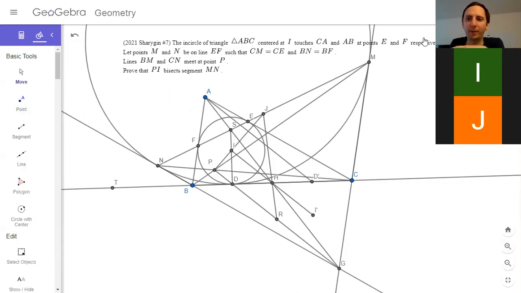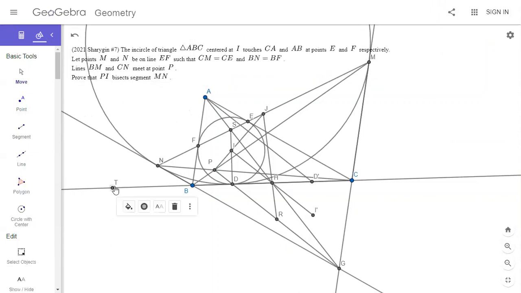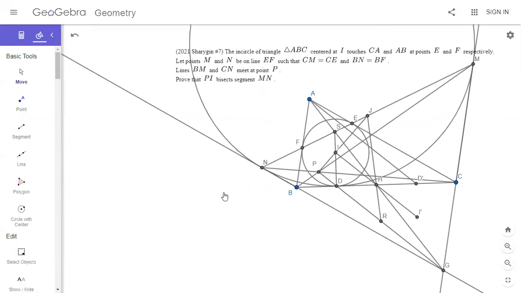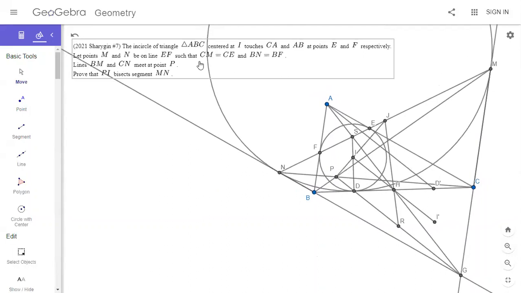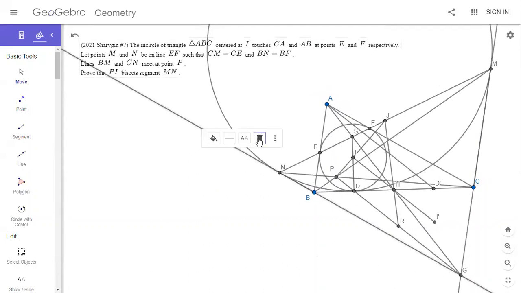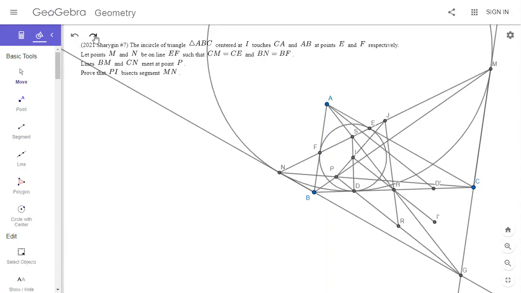Yeah, so I'm going to start typing it up. Sounds good. All right, so let me delete some of the extra stuff we added. I think that's a fairly simple solution. Yeah, I like this one. It is pretty nice. So I'm going to move the diagram here. Really, we don't even need the X circle, right? As long as we know the IM lemma. Let me see, what did I just delete here?